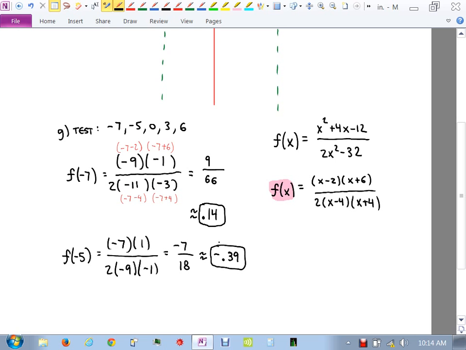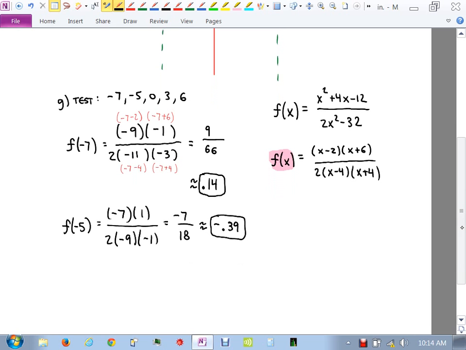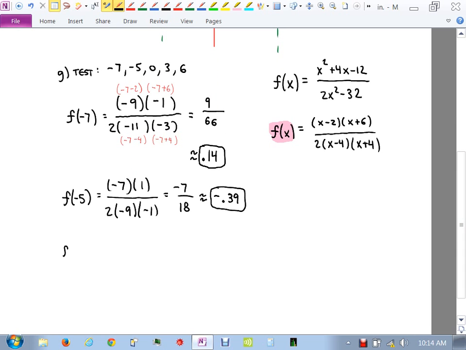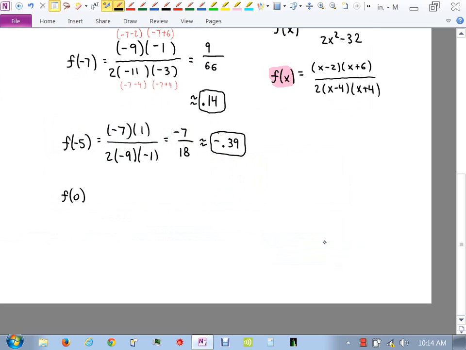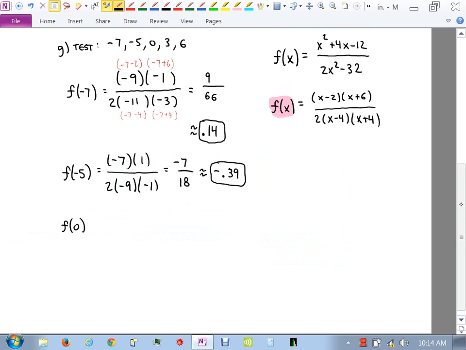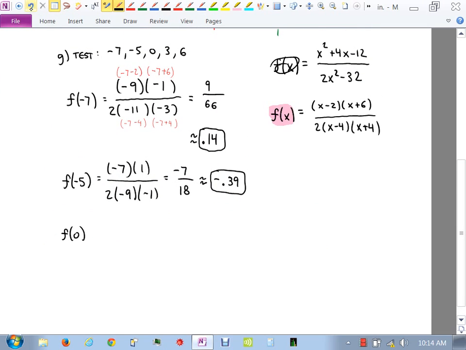Now check out the next one when I plug 0 in. For 0, I'm going to plug it into the top function, this one here in blue. The reason why is because if I plug 0 into that one instead of the bottom one, I kill off the x squared and the 4x on top, right?